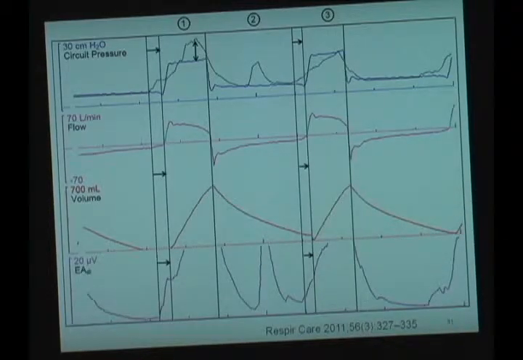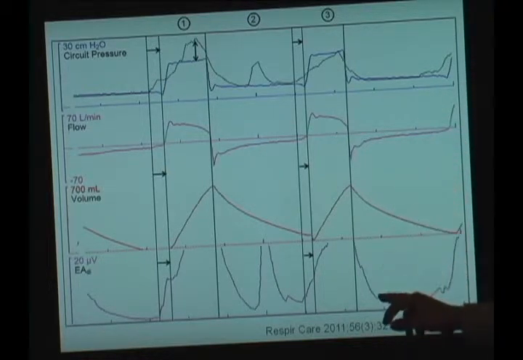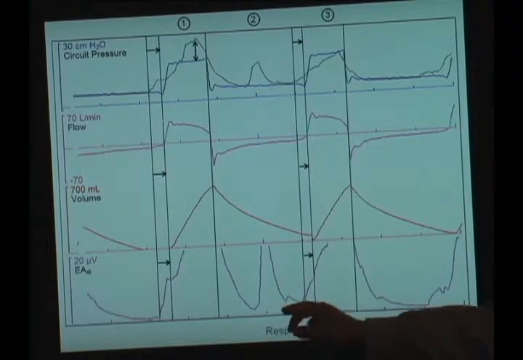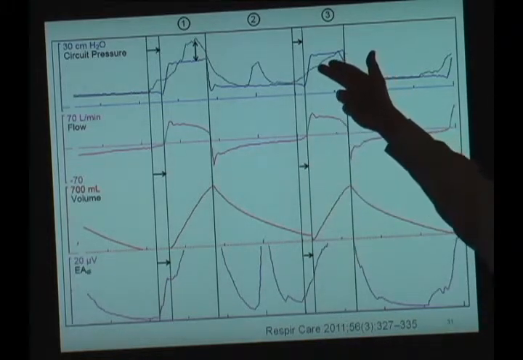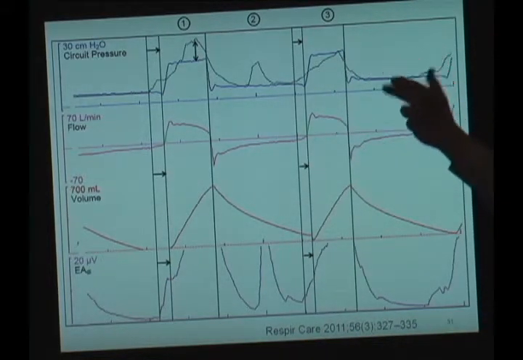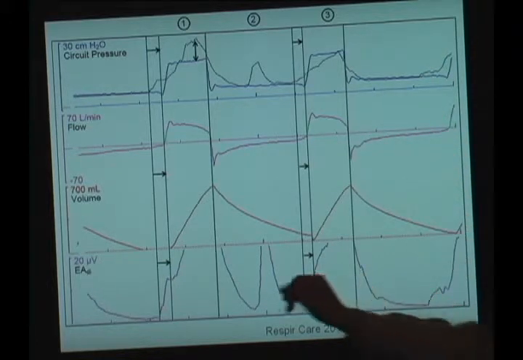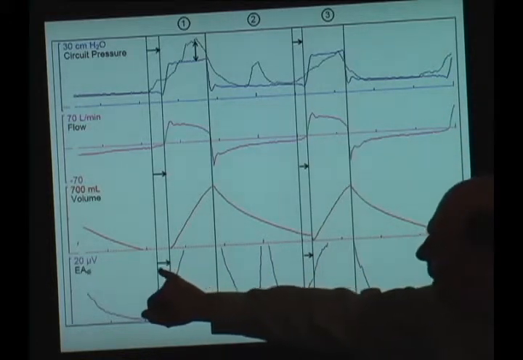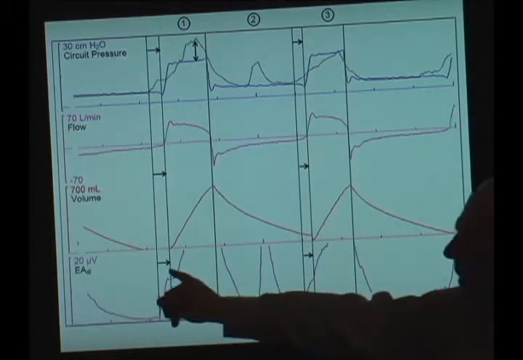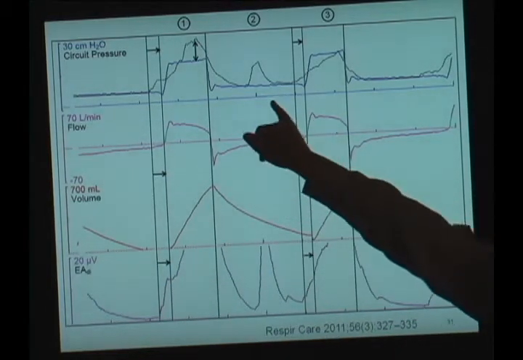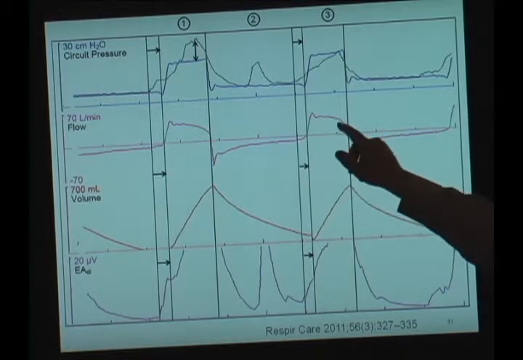In this study we can see in this slide traces of pressure, flow, volume, and EAdi, and these values are also reported on the pressure curve. The horizontal arrow defines the time delay, so a time asynchrony. We have an ineffective effort.